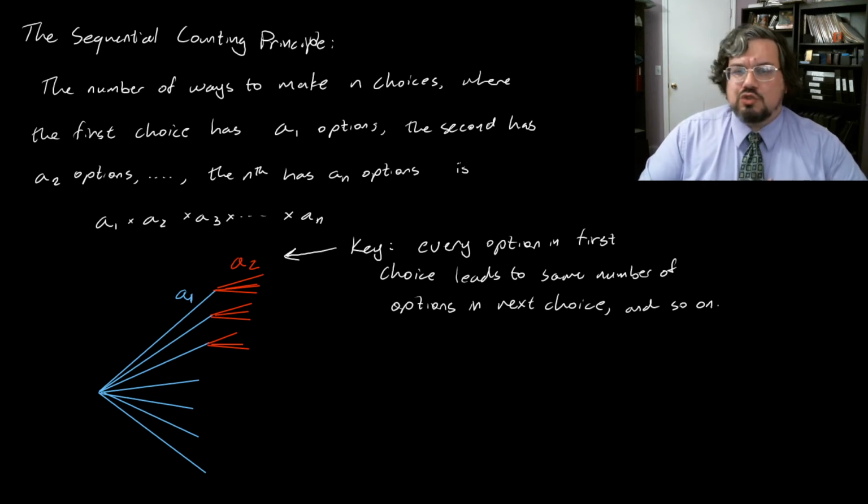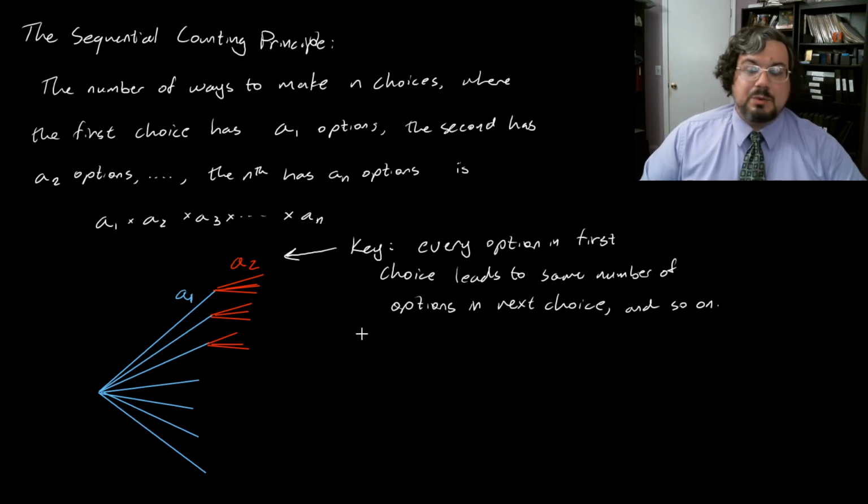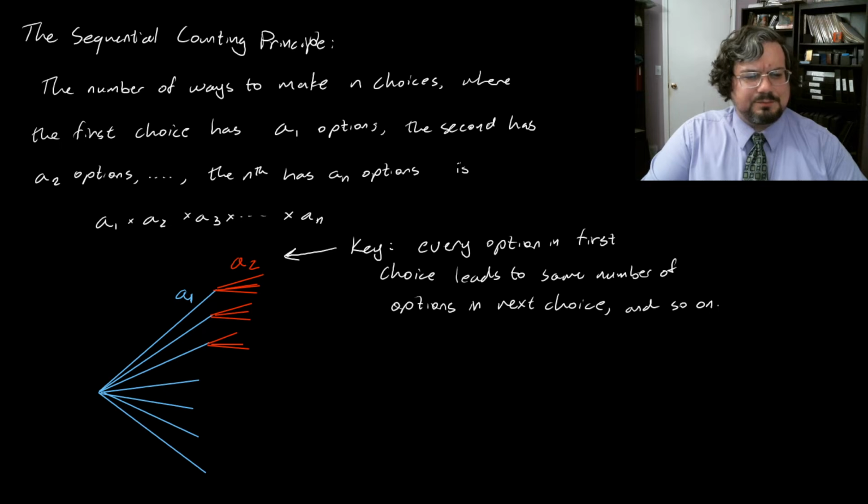That's not always the case when we apply the sequential counting principle. What we care about is that there are the same number of options no matter what choice you made in the first choice. So let me take an example demonstrating that.